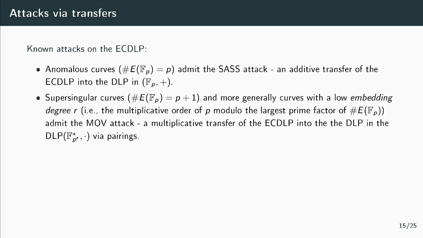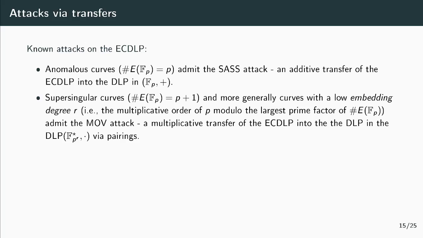And just like with the singular curves, you can probably guess that there is also a multiplicative transfer. It applies, for example, to supersingular curves, which are curves that have p plus 1 points over Fp. Do not get confused. The word supersingular has absolutely nothing to do with singular curves that we saw earlier.